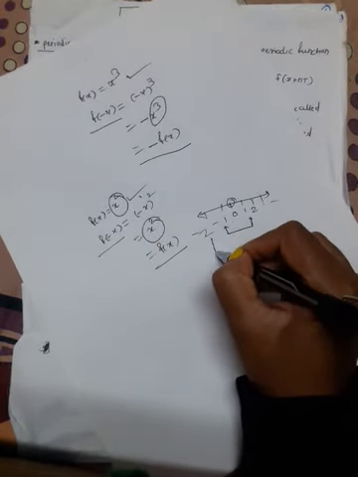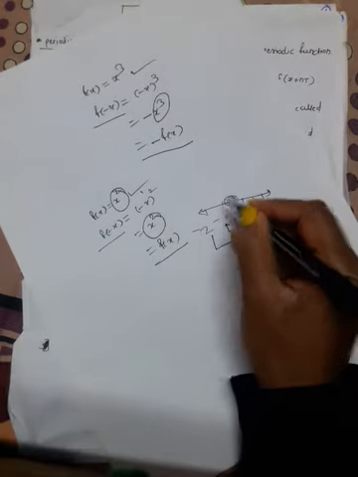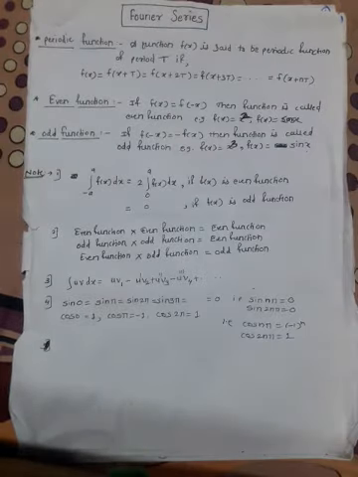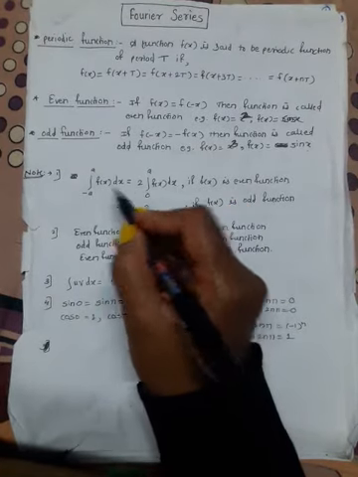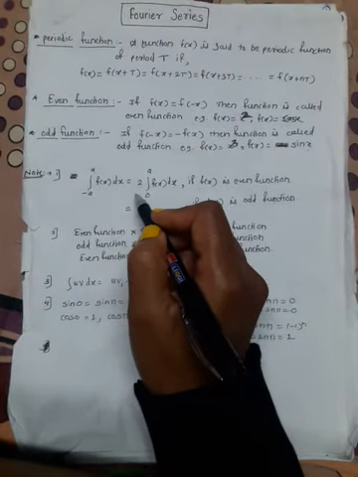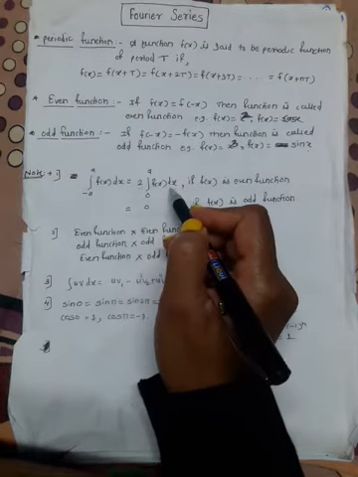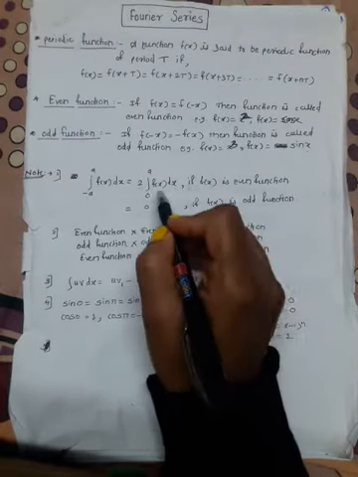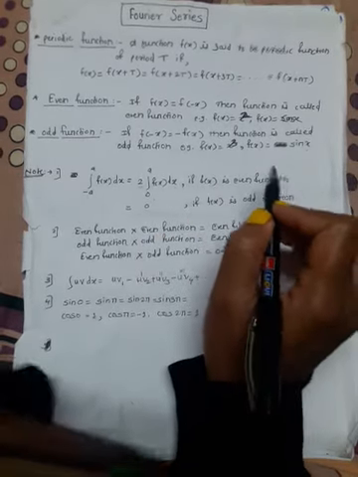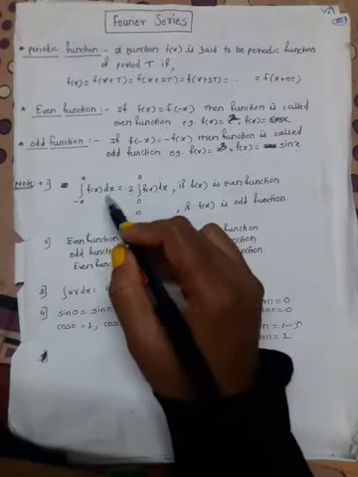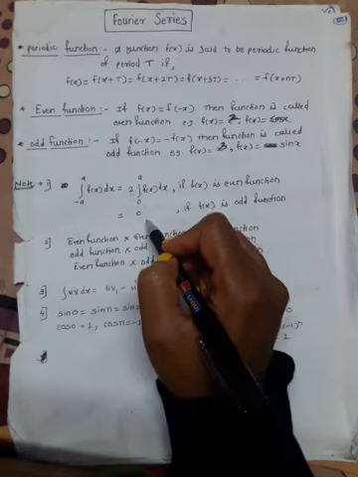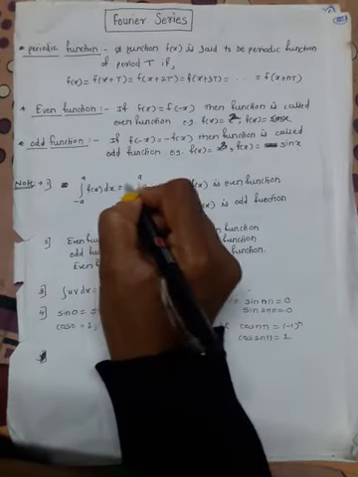The middle point of minus 2 to 2 is again 0. For any number minus a to a, the middle point is 0. That's why the integral from minus a to a of f x dx becomes 2 times the integral from 0 to a of f x dx if the function f x is an even function. And if a function is odd, then this integration is 0. This is the meaning of this.